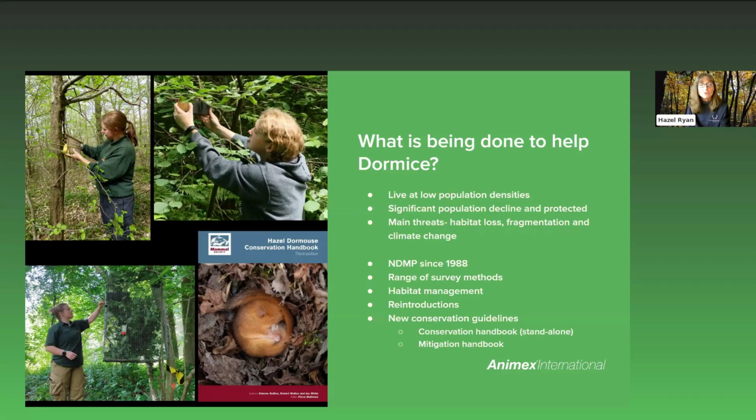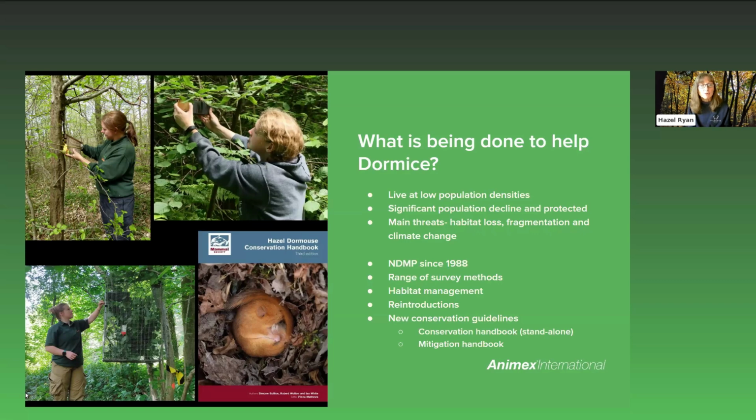And this year, 2 new long-awaited dormouse handbooks were published, both on dormouse conservation and mitigation. So the conservation one was an updated edition. The mitigation one is new. And the conservation handbook is a standalone book. So if you have the mitigation handbook, you also need to have that one because the two need to be read alongside each other.